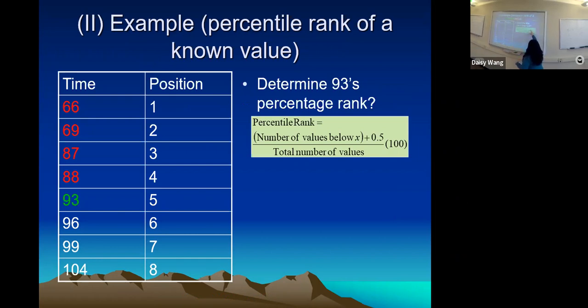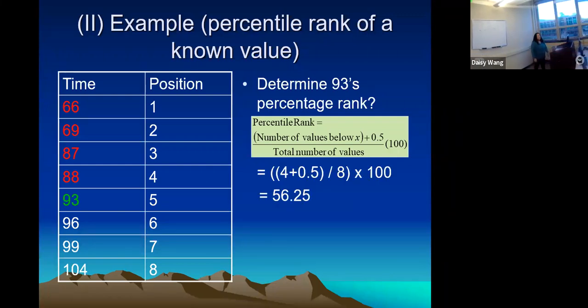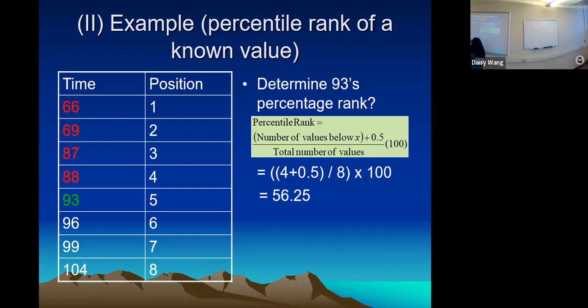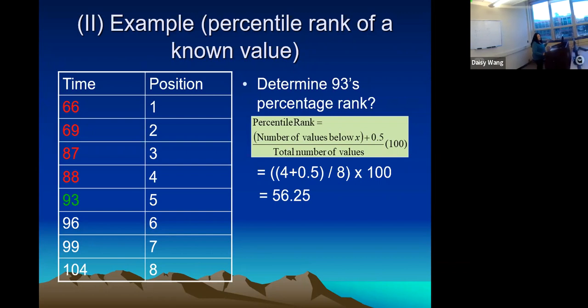So we use 4.5 divided by 8, so it's 56.25. So this one is actually the 56.25 percentile. That means 56.25% of the population is lower than 93.